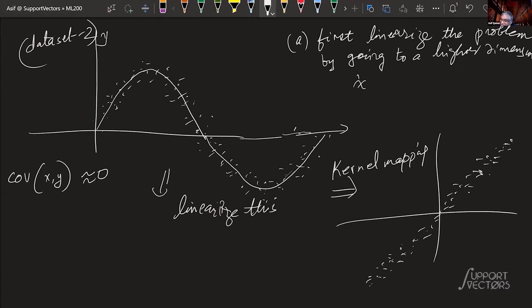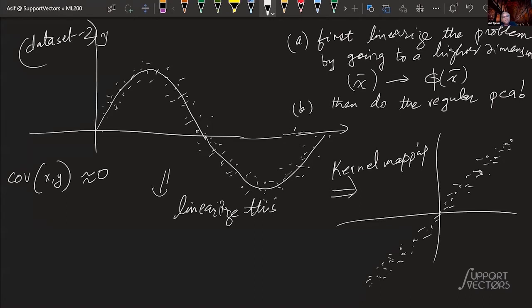Right? So x goes to some phi of x, right? And then do the PCA, then do the regular PCA.